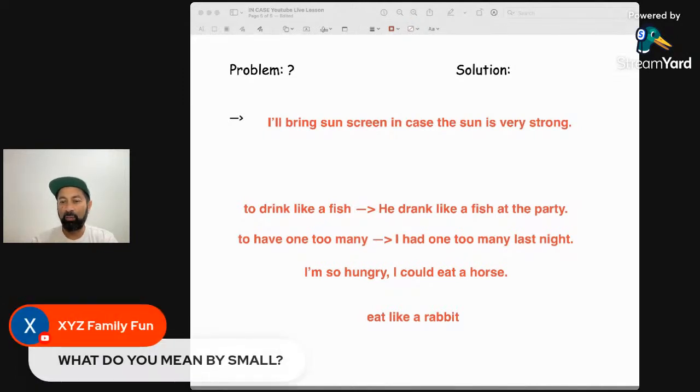Now, XYZ, what do you mean by small? So we were talking about books, yes? Oh, start small. That means don't go and buy a 500-page book. That's too much. Even for me, a 500-page book is tough to start.